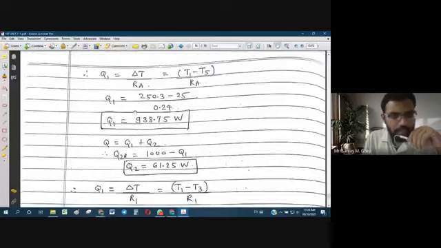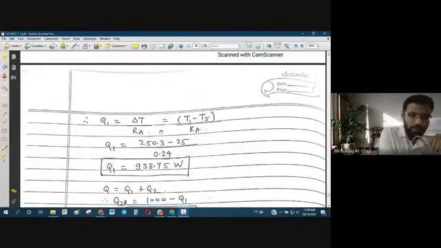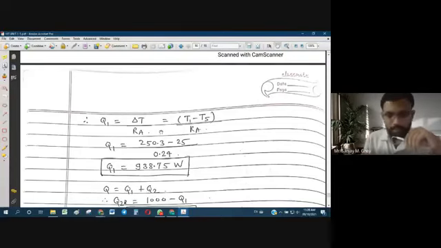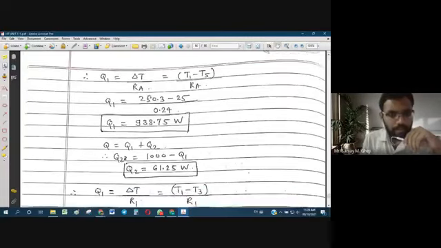For this, again, we can use the same heat transfer rate equation, Q1 equal to delta T upon RA. Heat transfer rate Q1 is on the A side, so on the A side we will use this temperature difference and resistance RA.